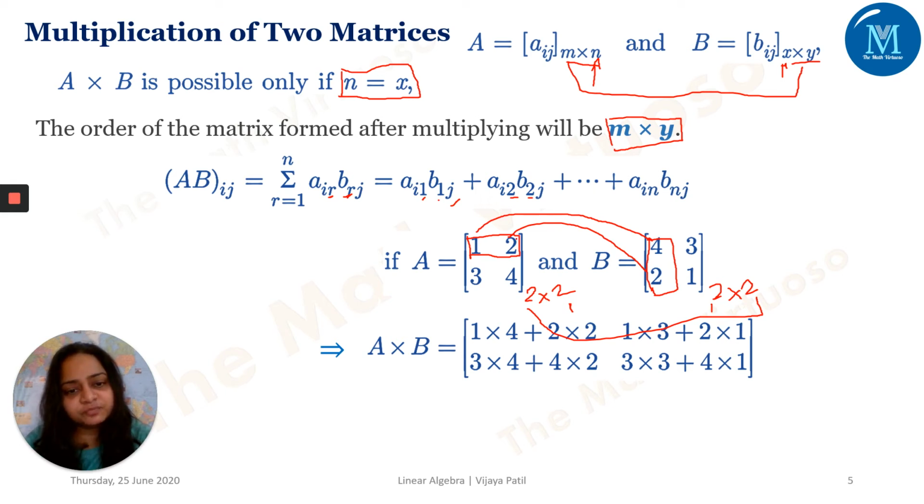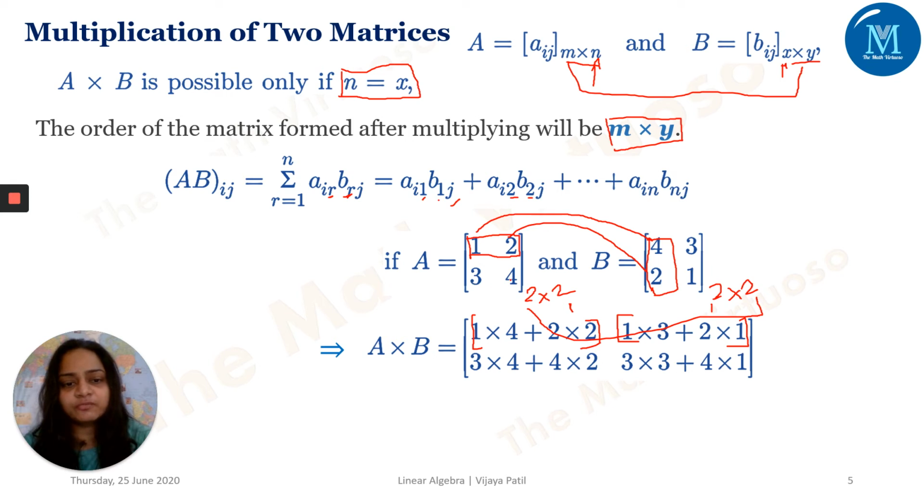This first row and first column multiplication will be at this position, that is in the resultant matrix, the position first row, first column. Then again it is first row, second column, right? That will happen here. So the element over here is 1 cross 3 plus 2 cross 1.